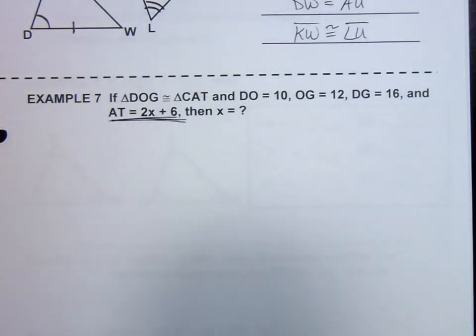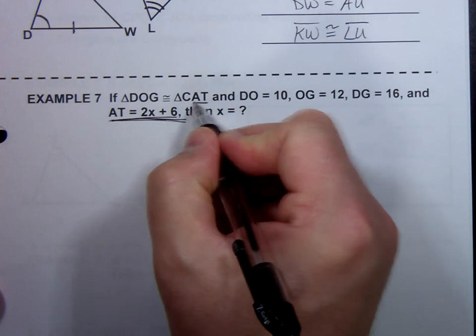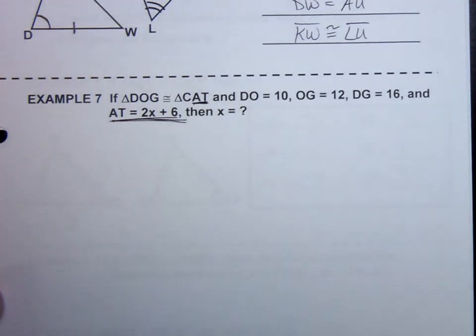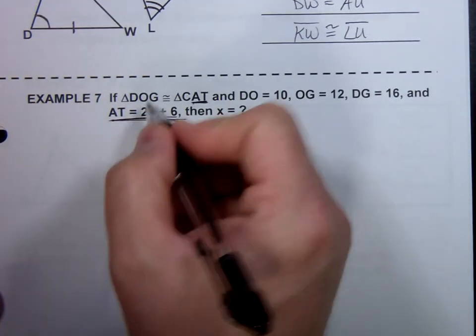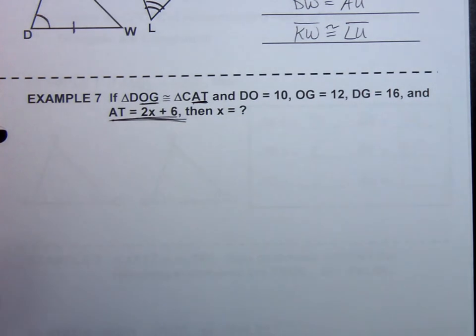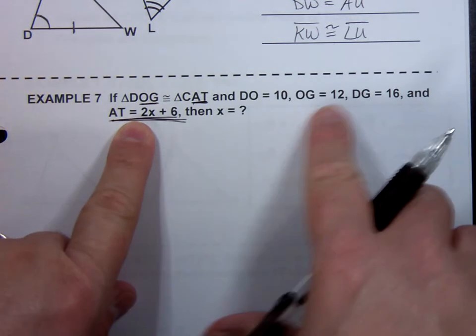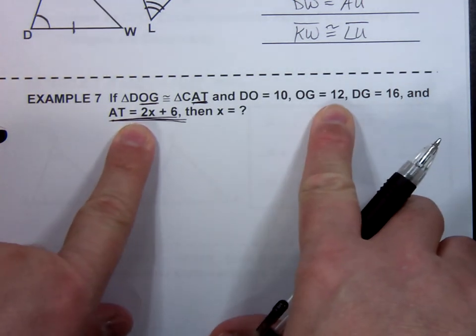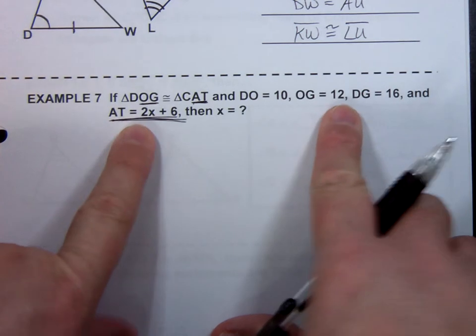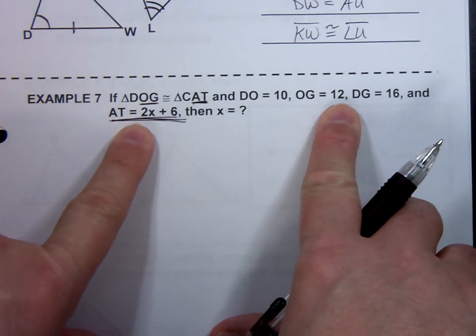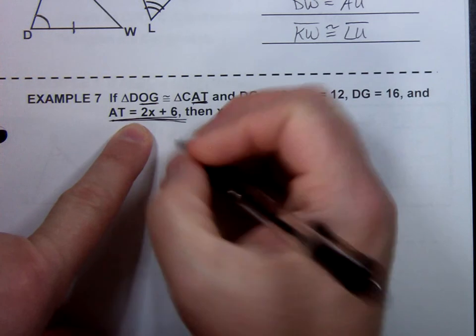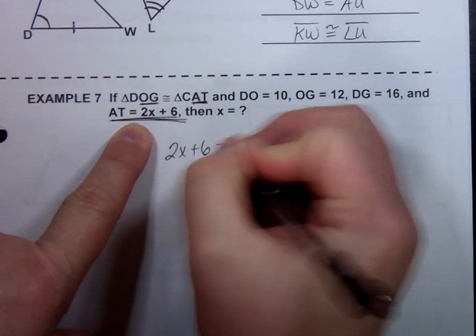Well, line segment AT is the last two letters of this name, so it's got to correspond with line segment OG. In congruent triangles, corresponding parts are congruent. So AT and OG have got to be congruent to each other. And when things are congruent, that means they have equal measures. So anytime we know things are congruent, we set them equal to each other. So we're just going to say 2x plus 6 is equal to 12.